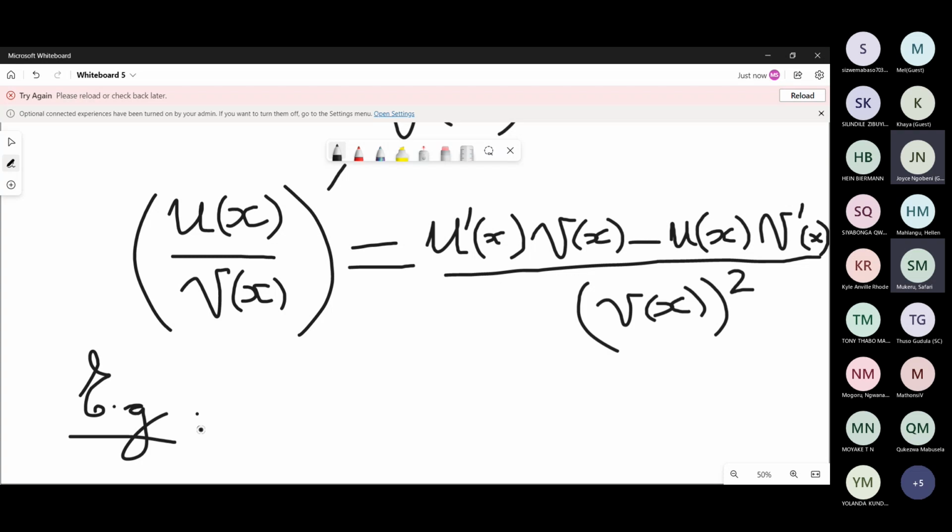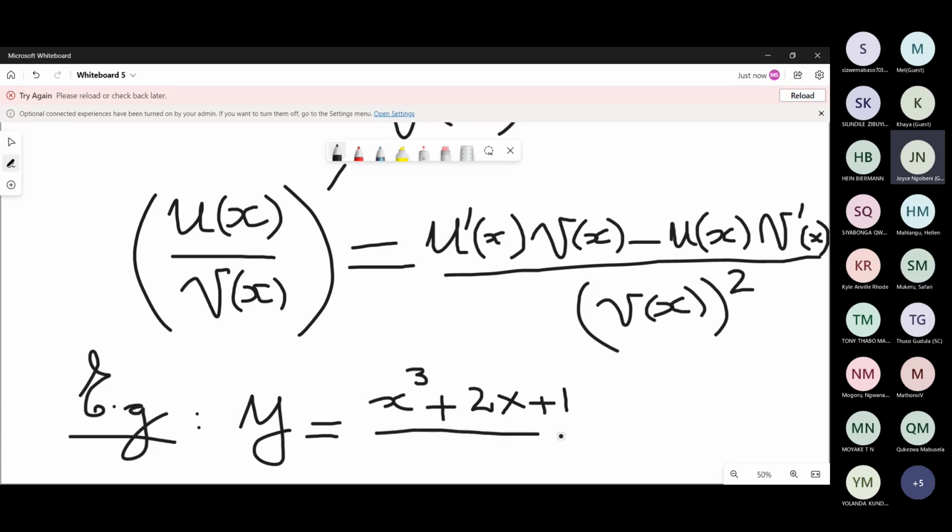Let me take an easier one to save time. y equals x to some power plus 2x plus 1, divided by 3x plus 2.